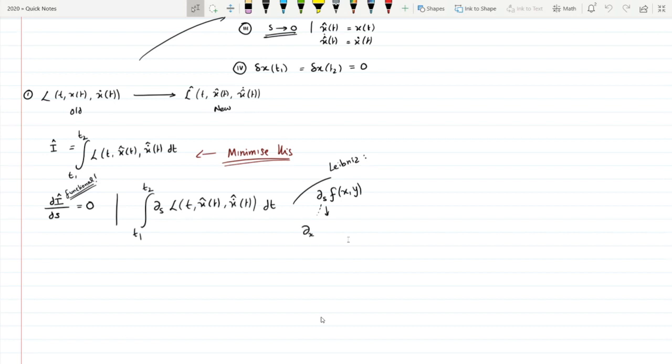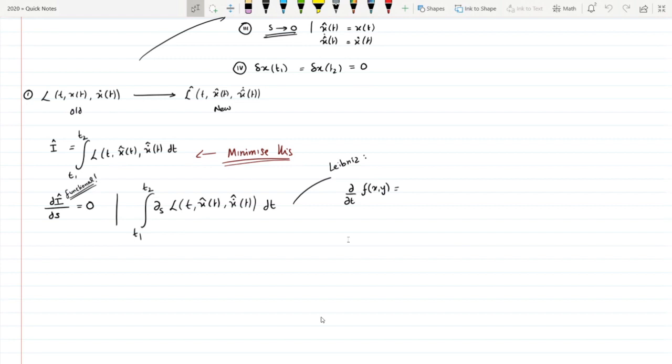Tell me if this is unfamiliar or uncomfortable, but this is the easiest way. Let me write it out here. The rule for this is written as follows. It could be with respect to time. I can write that to not confuse you.